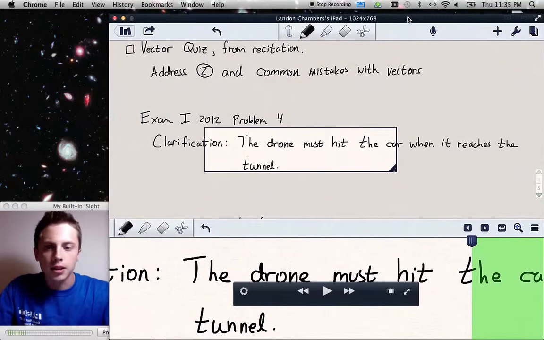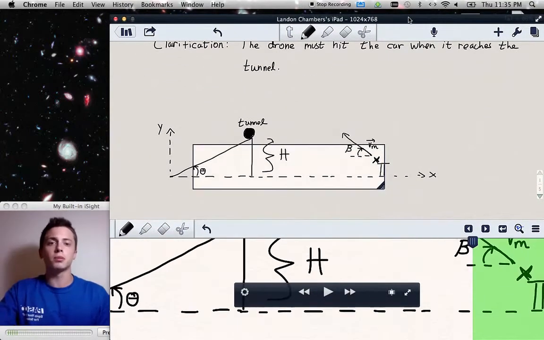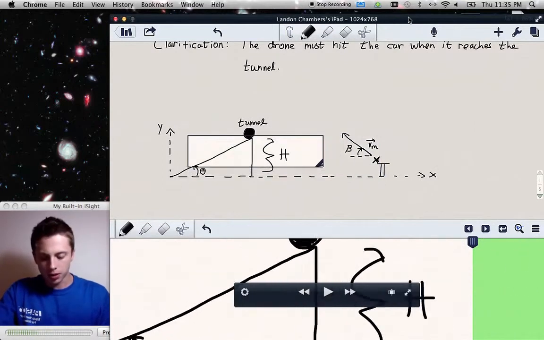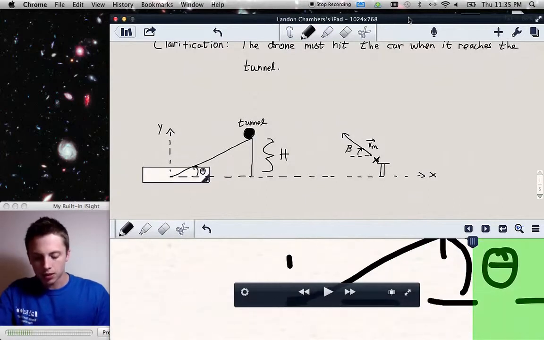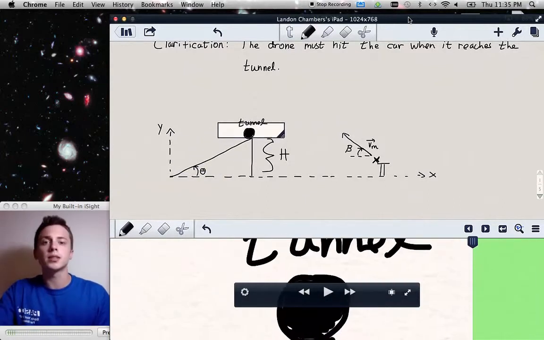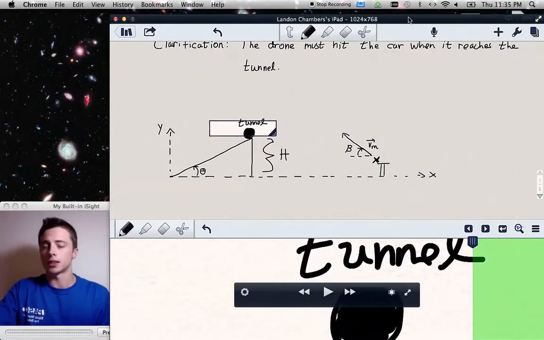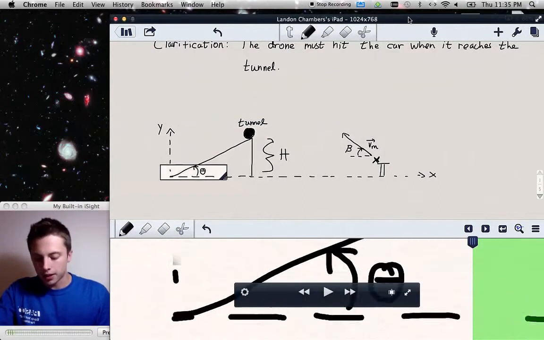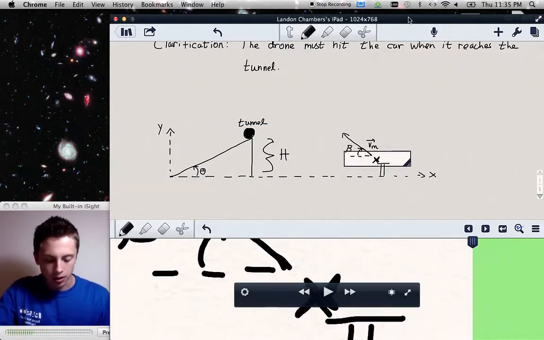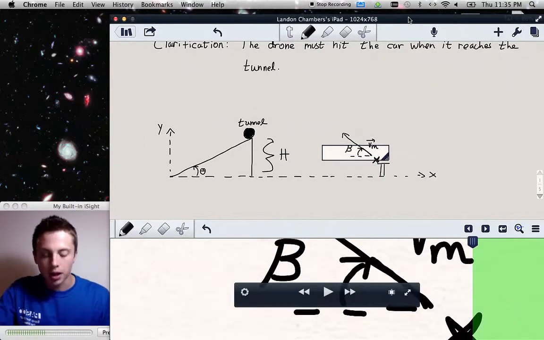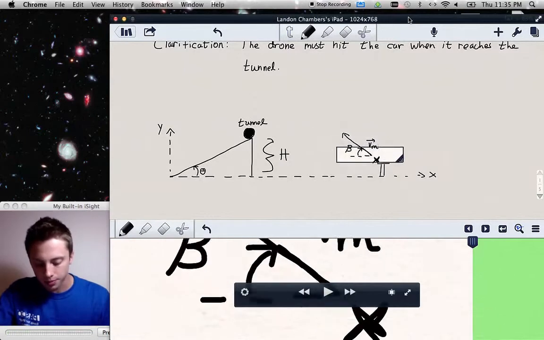Alright, so I just reproduced the picture down here. What we have is a car starting at the bottom of the hill, which goes all the way up to the tunnel at a constant acceleration. At the time that the car starts going up the hill, the drone over here is also fired at this initial angle beta at a speed vm, in this direction.